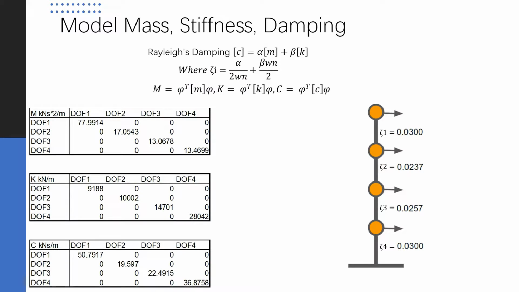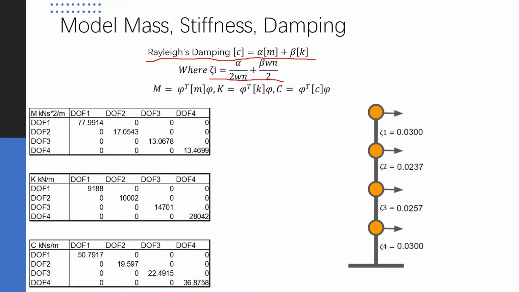Using the equations of Rayleigh damping, and assuming the damping ratio for the first story and the roof story is 3%, the damping ratios for the second and third floors can be calculated. The second degree of freedom is 2.37%, and the third degree of freedom is 2.57%.